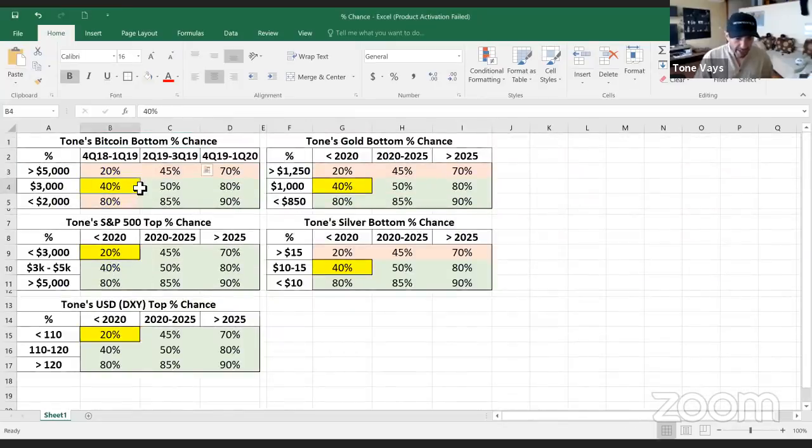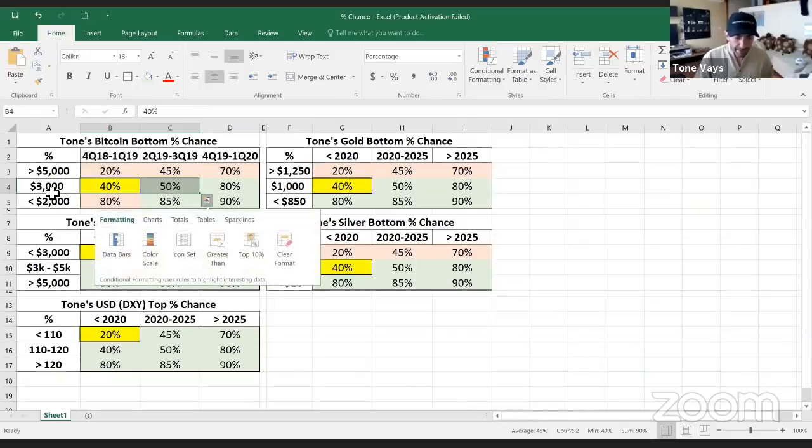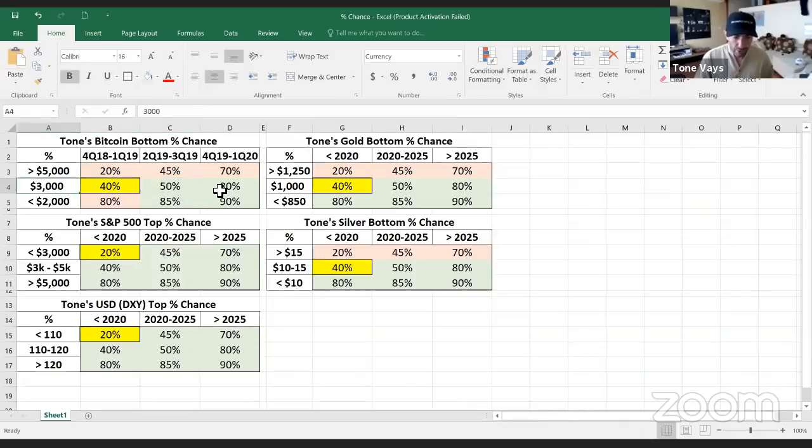For a 9-month stretch, and that's enough to bottom the price. Now, if it stays at 3,000 all the way into Q4, I would raise the probability that 3,000 is a bottom to 80%, okay? Now, if we fall under 2,000, that's pretty much the bottom.